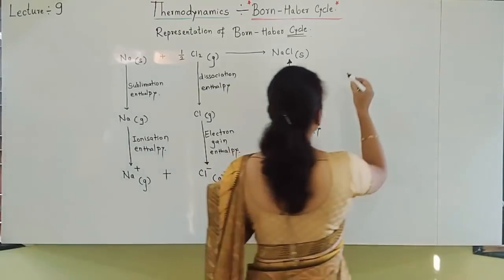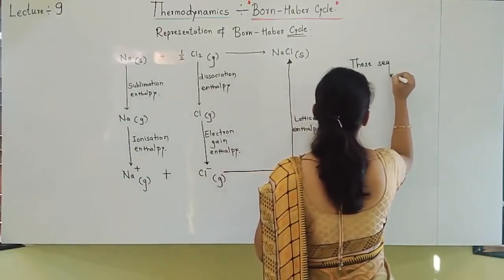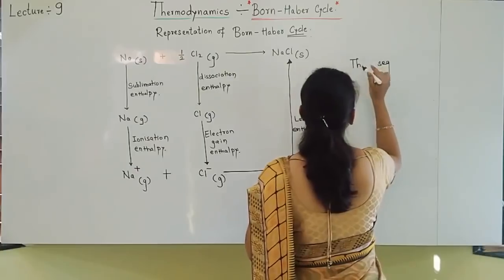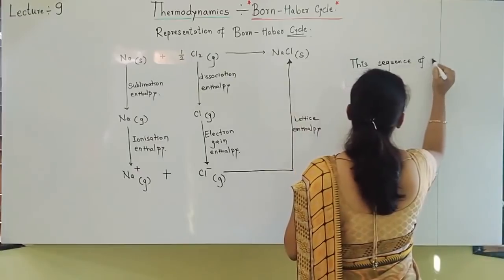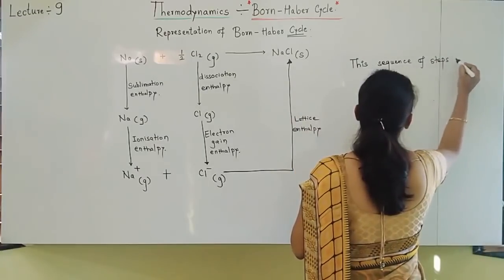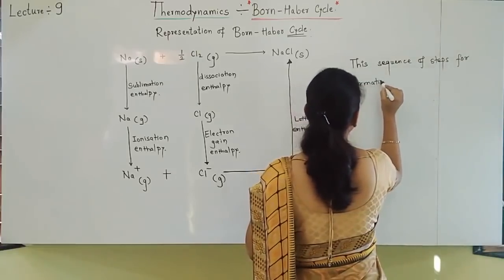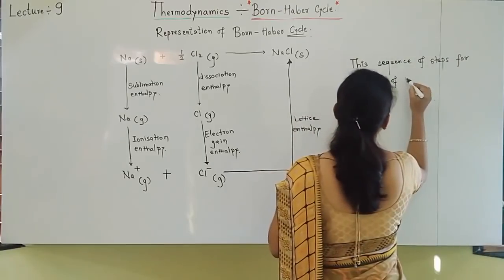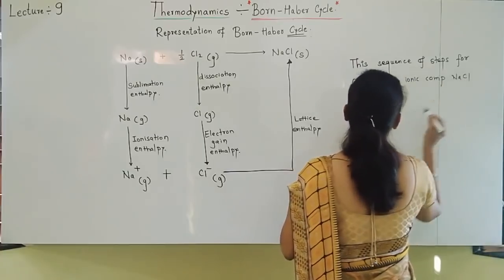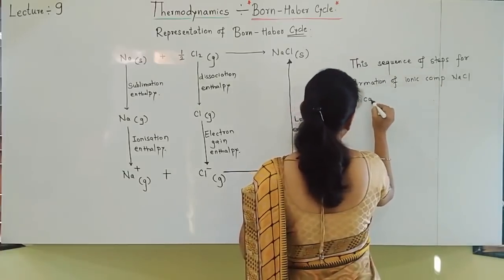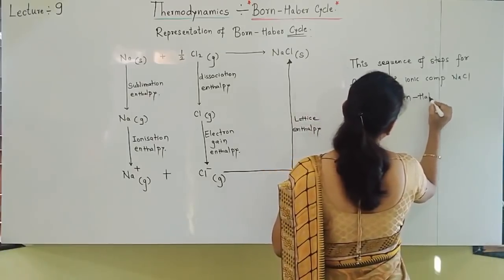Here you should understand that this sequence of steps for the formation of the ionic compound NaCl is called the Born-Haber cycle.